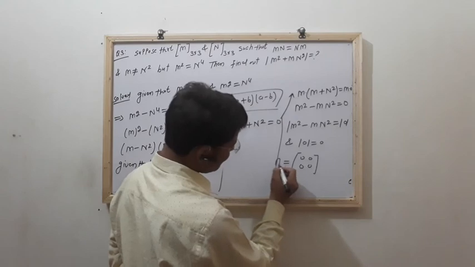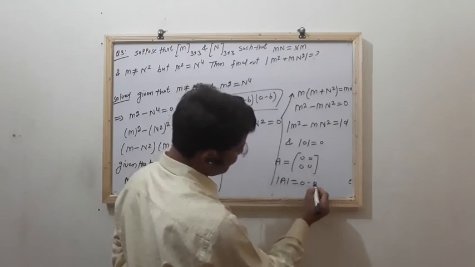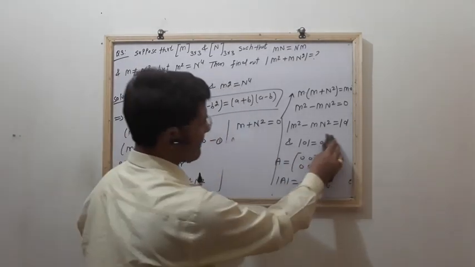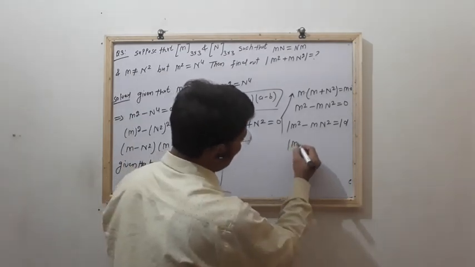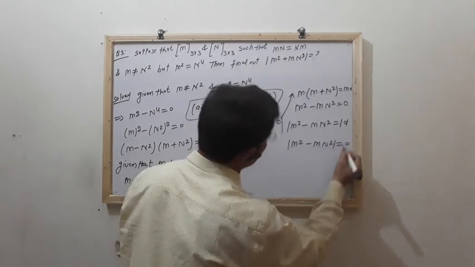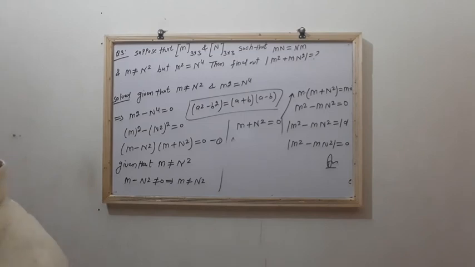Suppose that this is equal to A, determinant of A is equal to 0 minus 0 means 0. So that determinant of M square plus M into N square is equal to 0. This is the answer. Next question.